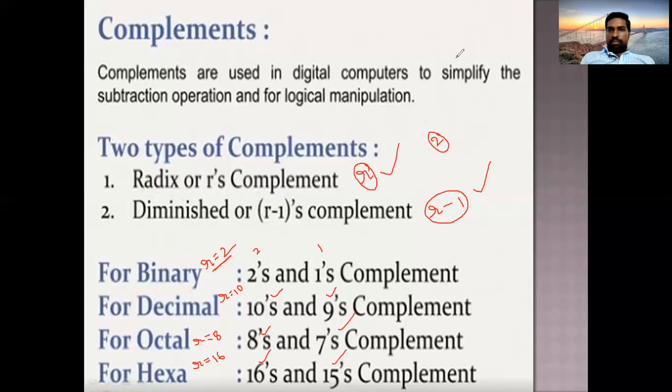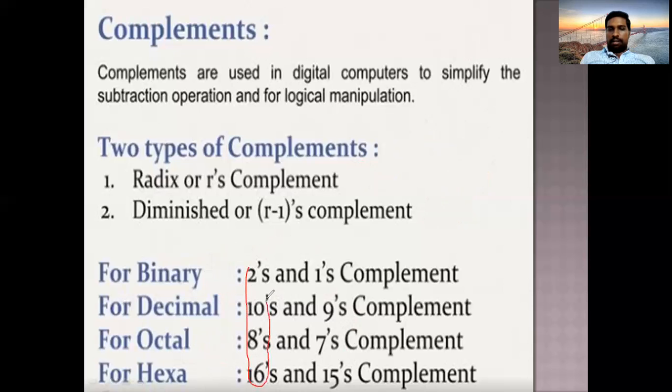Clear? So for each and every number system, there exist two different types of complements. These 2, 10, 8, 16, all these four come under R's complement. 1, 9, 7, 15, all these come under the category of R minus 1.